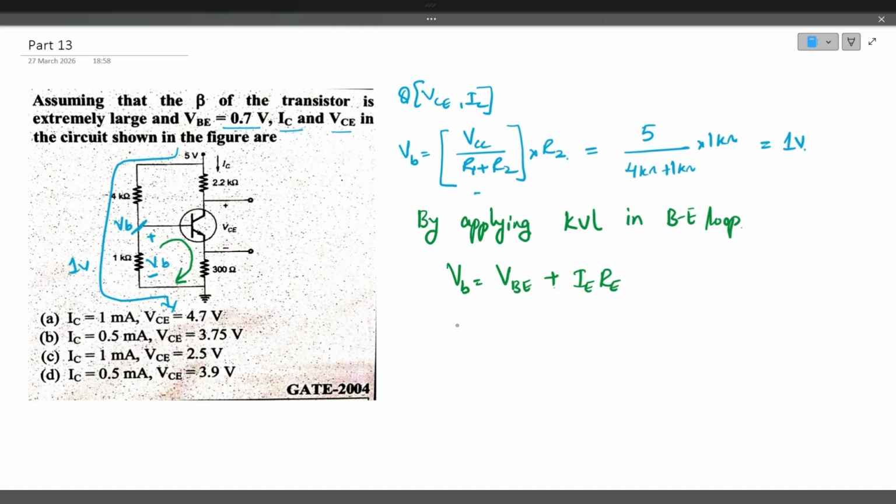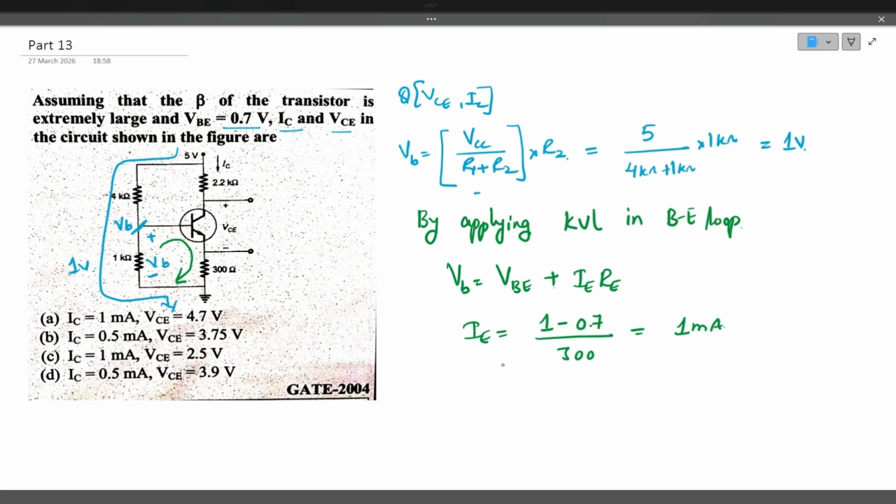Now substitute the values. You will get emitter current IE as VB minus VBE. VB is 1 volt, VBE we know, the base emitter voltage, is 0.7 volts. The emitter resistance is 300 ohms. So now the emitter current is 1 milliamp.